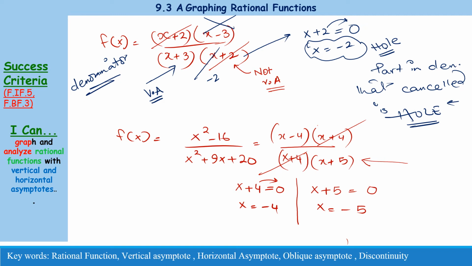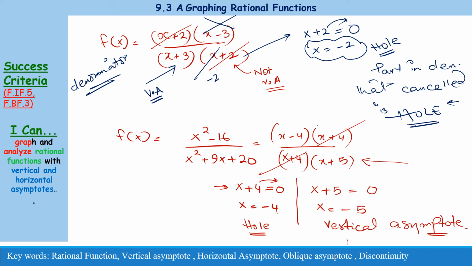Now this part x plus 4 cancelled, so this is said to be a hole, and x plus 5 remained in the denominator, so this is our vertical asymptote. So understood how to determine from the equation the hole and the vertical asymptote concept?